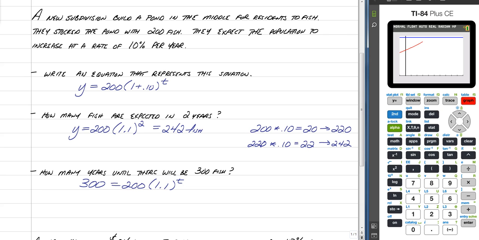Now, your graph might not look like mine because I've already adjusted my window so it fits. You would have to adjust yours. So you need to adjust your Y max so it's going to be at least 300. So you want to go a little bit more than that so you can see the intersection. And then just press second trace, which is the calculate menu. Number 5, which is the intersection. Click enter 3 times so you find the intersection of those two lines, and you get approximately 4.254 years.